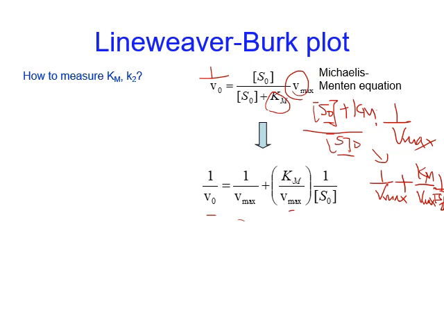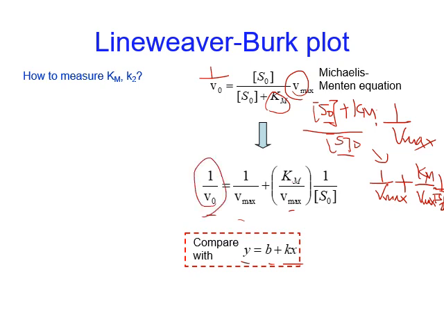The left side is 1 over V0, the right side is 1 over Vmx plus Michaelis constant divided by Vmx times 1 over S0. Now this equation reminds us of a linear equation where y equals b plus kx. Here y is 1 over V0 and x is 1 over S0. S0 is a variable, so 1 over S0, and b is this 1 over Vmx, and this is the slope k.